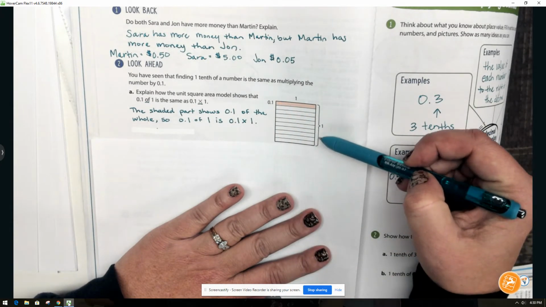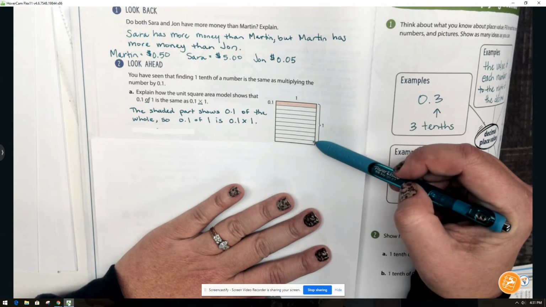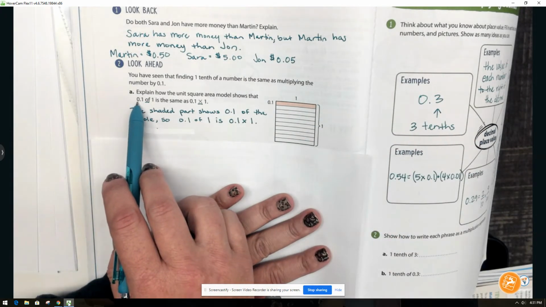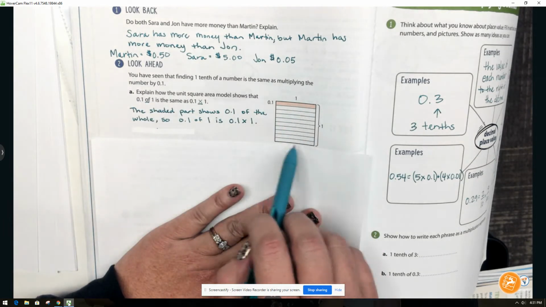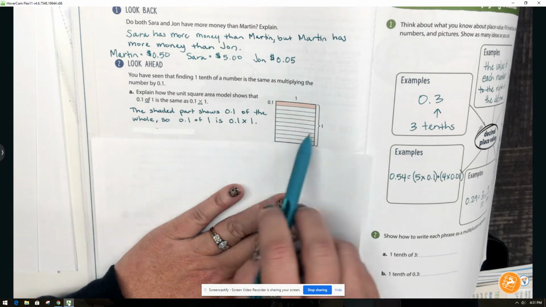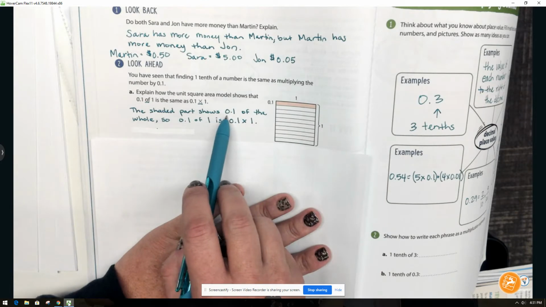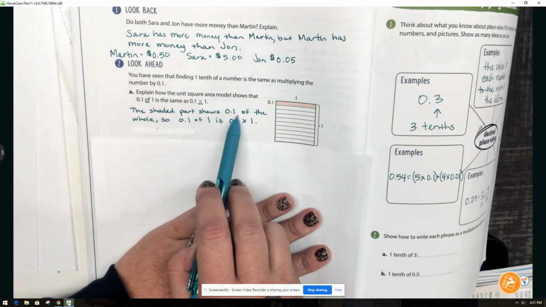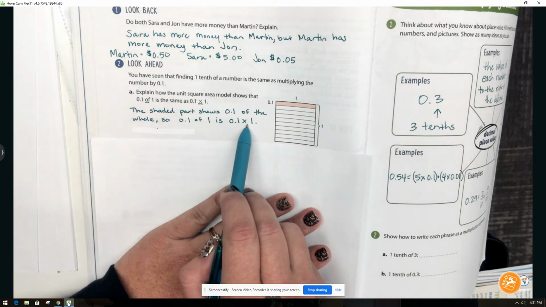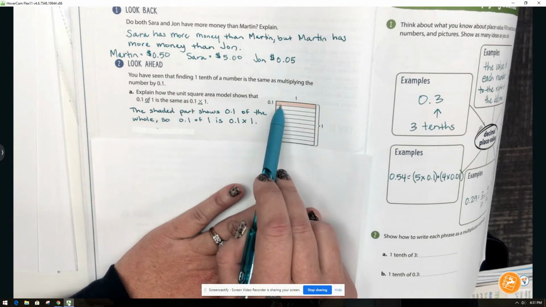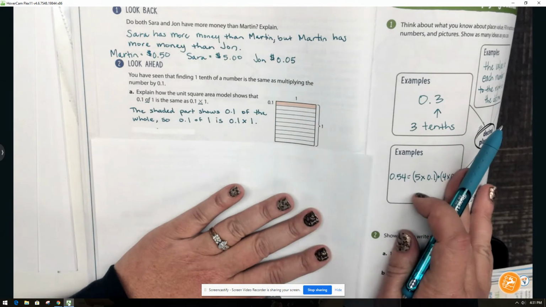If this whole thing were shaded in, that would be 1 whole, but what we're looking at is 1/10 of the whole. If we took this whole and divided it into 10 parts, the shaded part shows 1/10 of the whole. So 1/10 of 1 is 1/10 times 1, and the answer is 1/10.